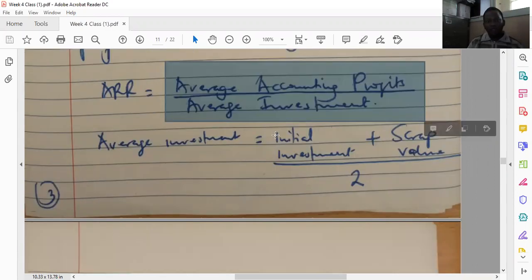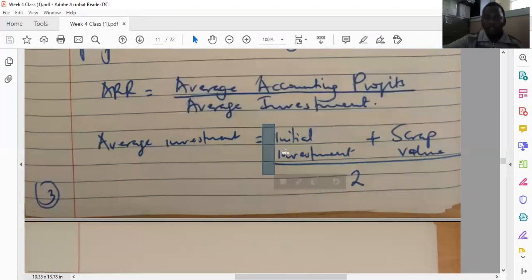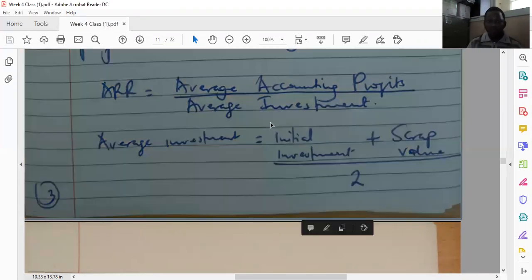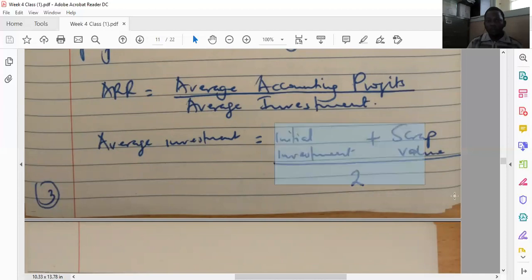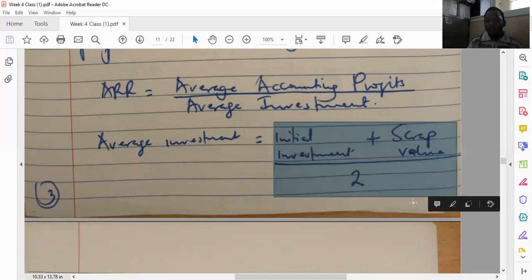The average investment is equal to the initial investment plus the scrap value, divided by 2.